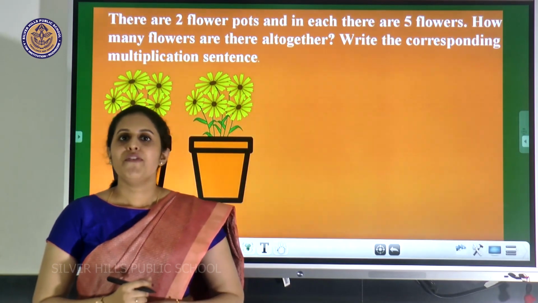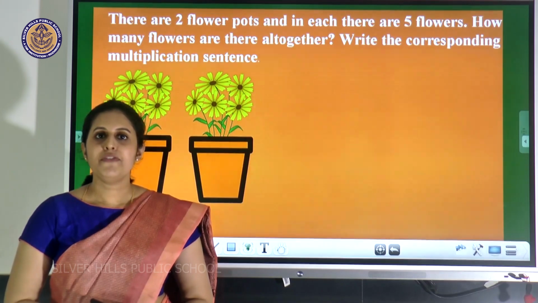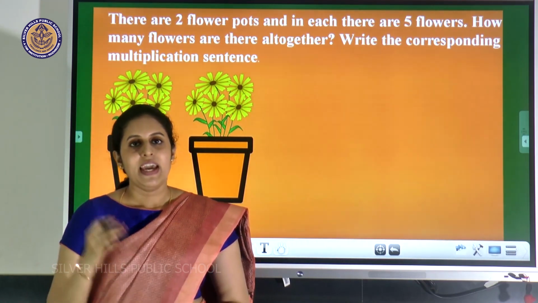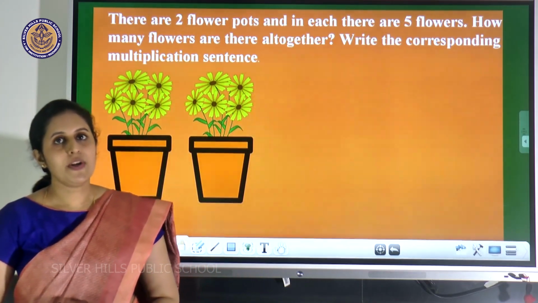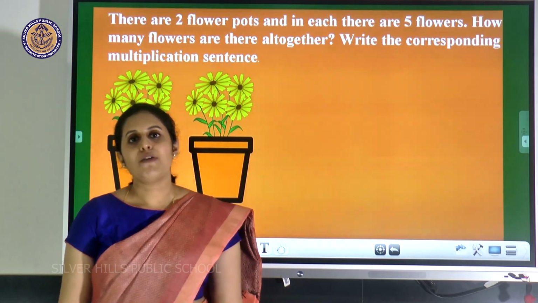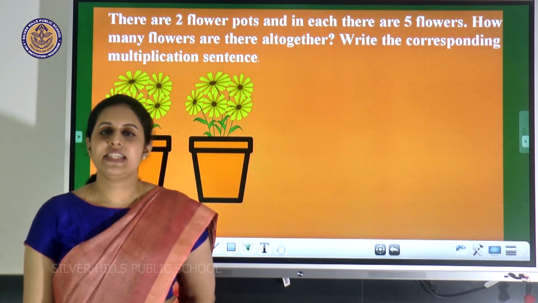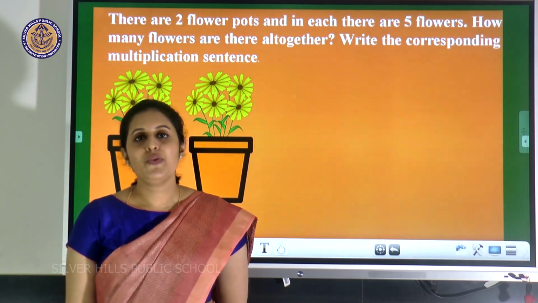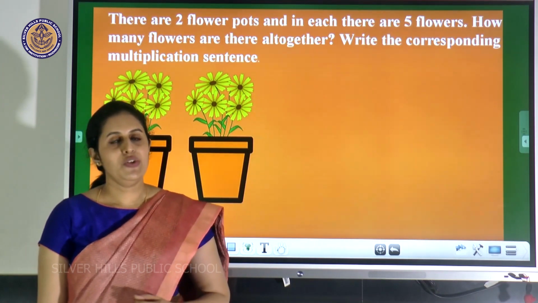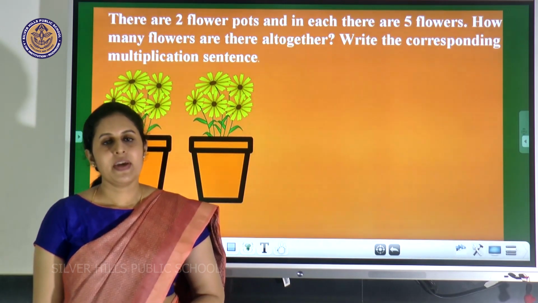Now, we are going to see a few word problems using multiplication. In the first part, I have already taught you how to do multiplication, how to write multiplication sentences, and which symbol we use for writing a multiplication sentence. All that you have now learned.